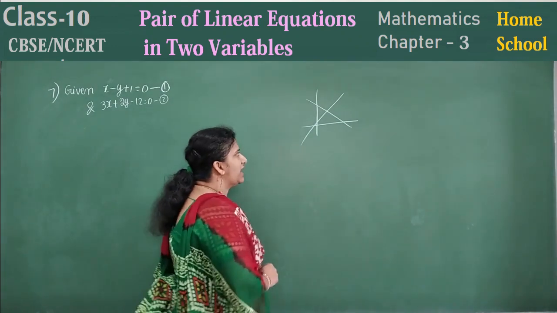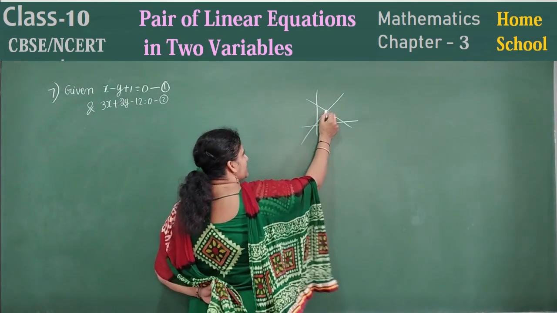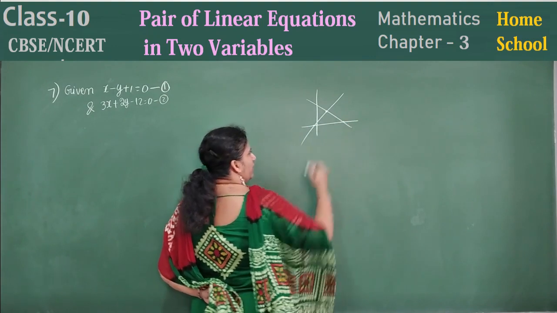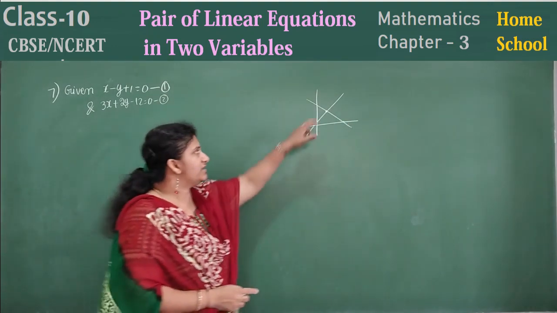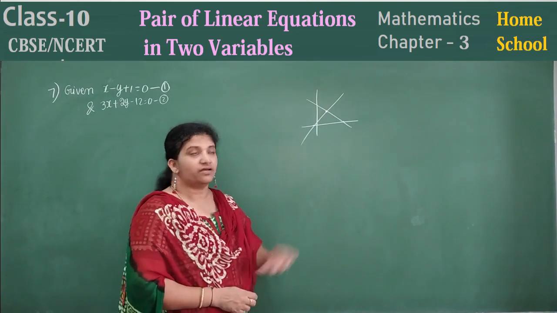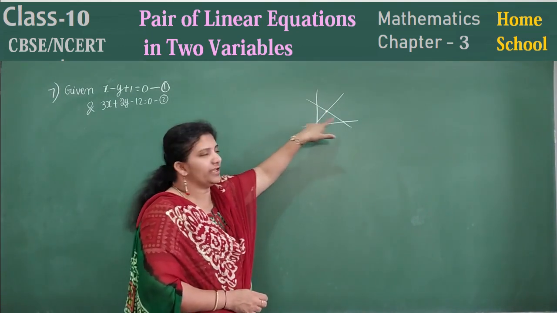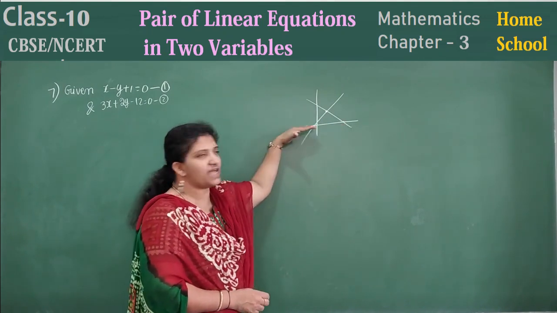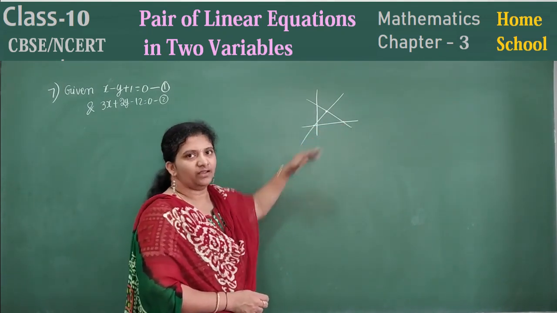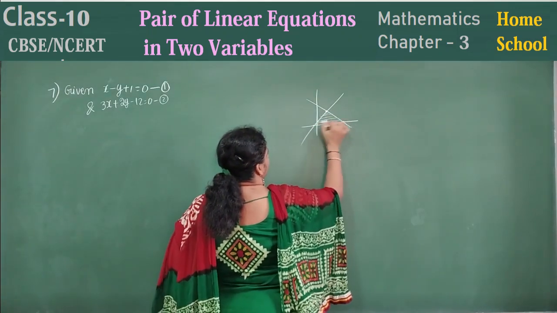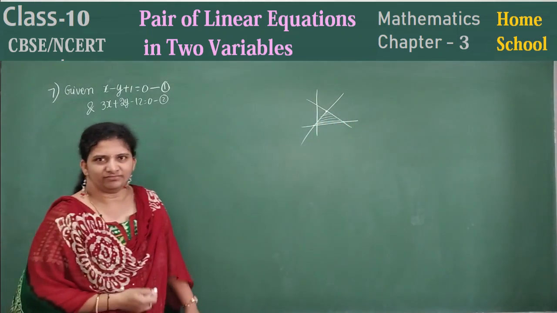So where is the triangle here, children? See, this is one coordinate, this is one coordinate, this is one coordinate. These are the three coordinates. I can see a triangle here. Find the three coordinates based on the x-axis, children, right? And shade this triangle is your question. Very easy, very simple, right?